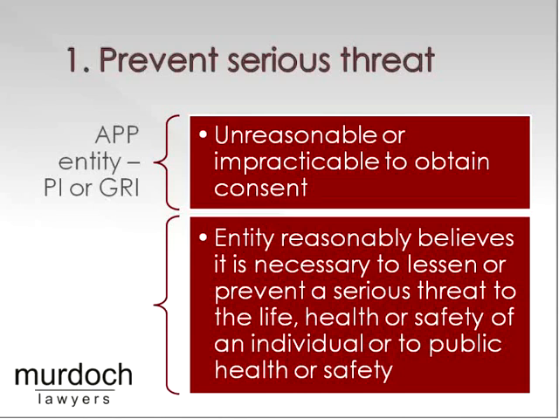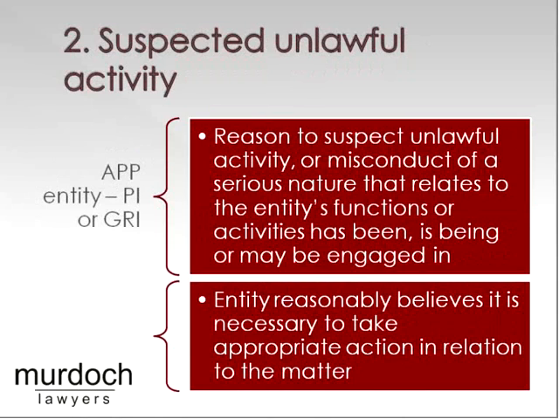So the first general exception is so an organisation, in relation to personal information or a government-related identifier, can use that information if it's unreasonable or impractical to obtain consent, and if the entity reasonably believes it's necessary to lessen or prevent a serious threat to the life, health or safety of an individual or to public health or safety.